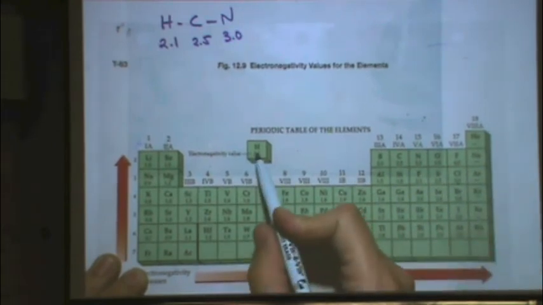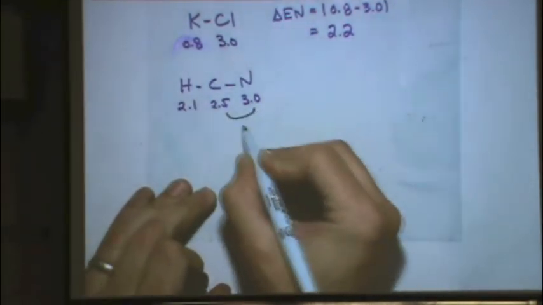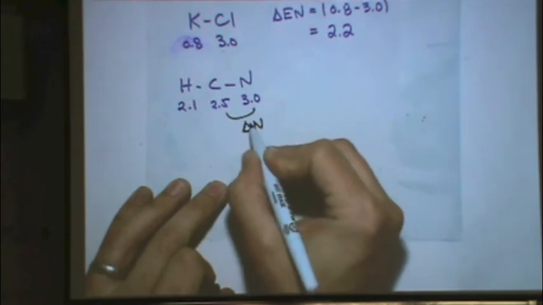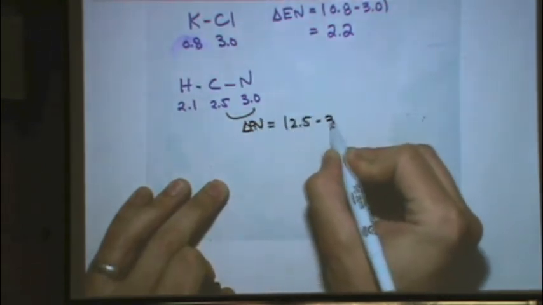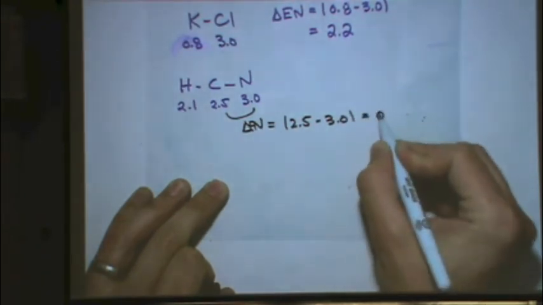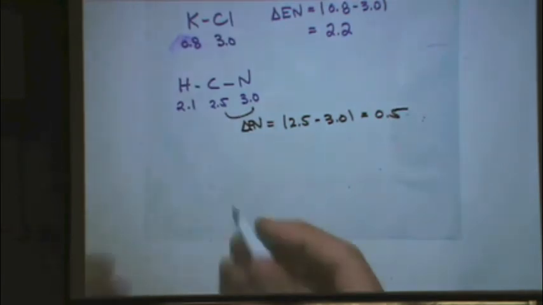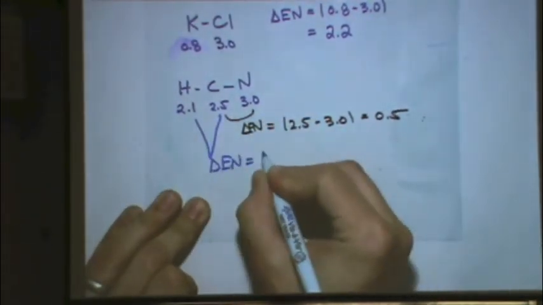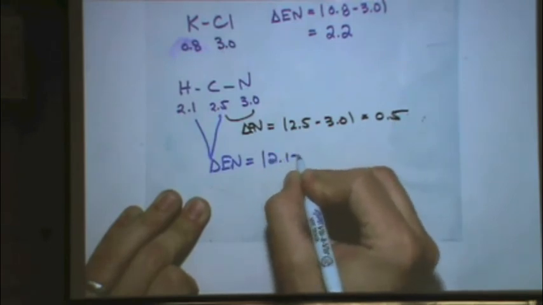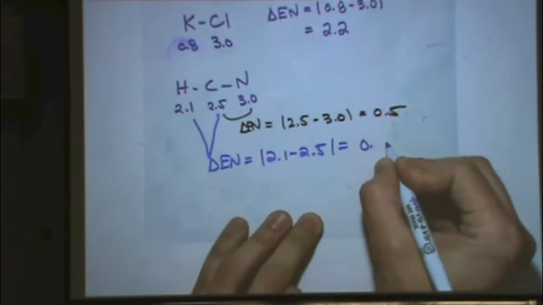So there are two electronegativity differences. I'll do this one first: change in electronegativity equals the absolute value of 2.5 minus 3.0, or 0.5. And for the other one, that change in electronegativity is the absolute value of 2.1 minus 2.5, and that'll be 0.4.